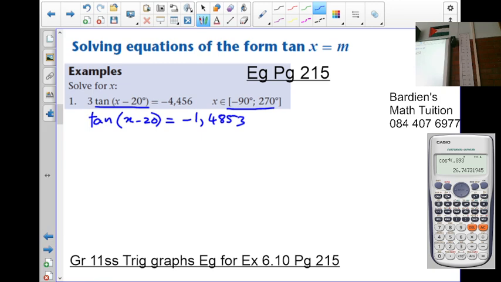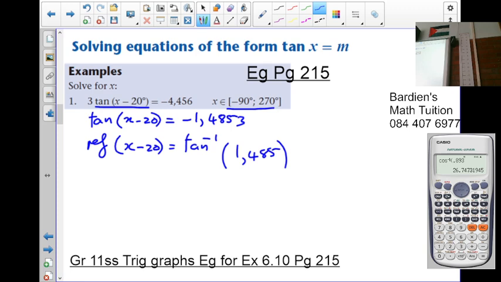You don't know? Anybody? Arctan. So we work out our reference angle. So we say reference x - 20 is equal to arctan of 1,485.